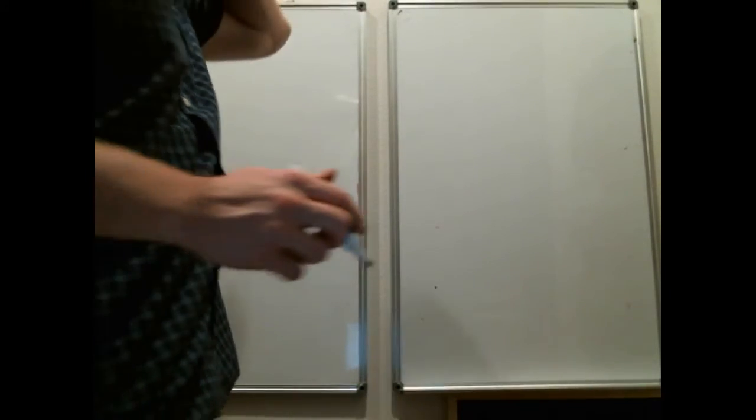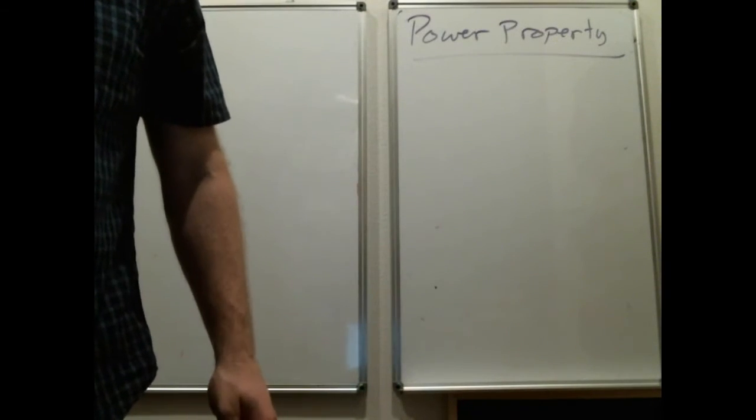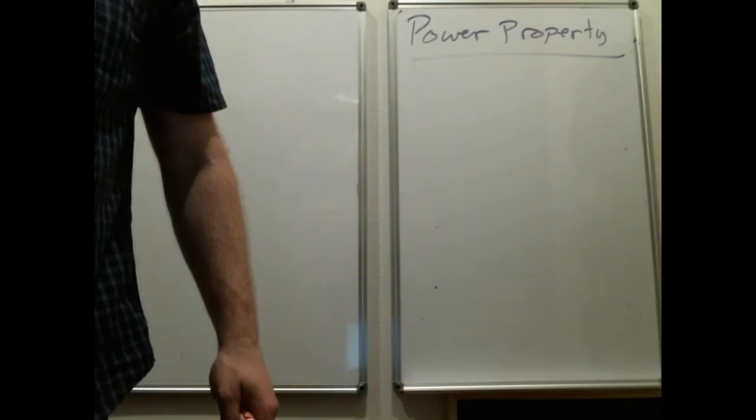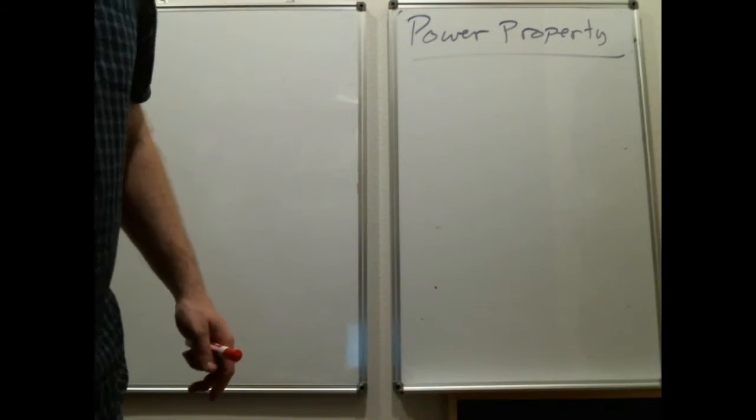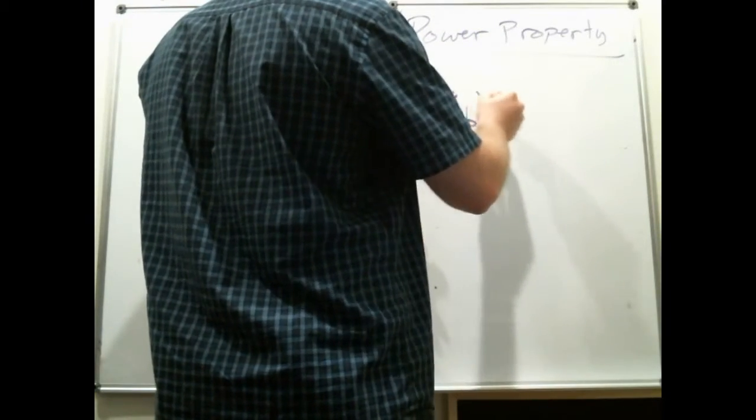The last property is called the power property. And this one comes in handy in several ways. So its definition, or its formula, is log base b of x raised to the p power.